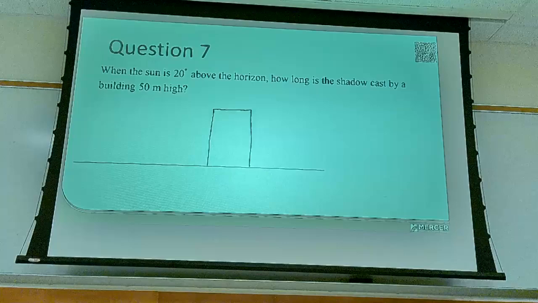And the sun. So that's the building, and we know that it is going to be 50 meters. And then the shadow. They tell us that the sun is 20 degrees above the horizon. So that's going to make the hypotenuse.